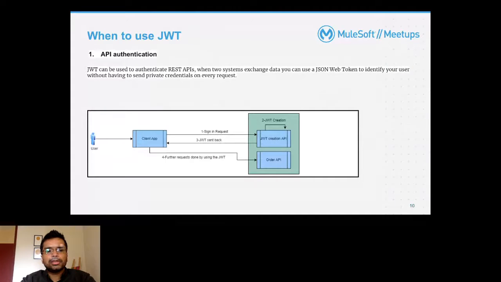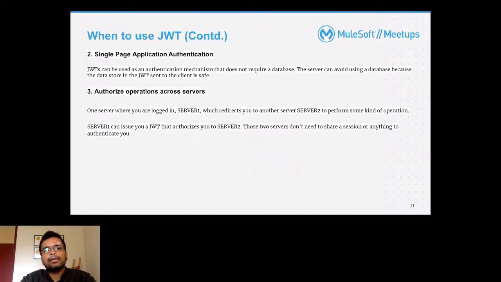So the first usage is API authentication, of course. You authenticate your APIs. Then single page application authentication can also be used, because single page applications don't require a database, and JWT doesn't require a database either.